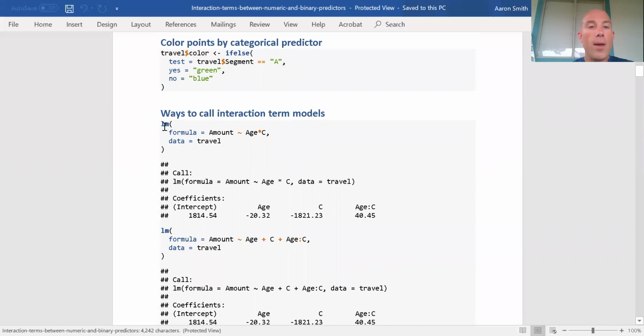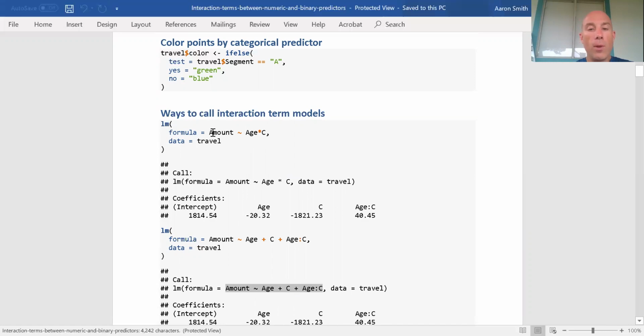All right, so if I go ahead and call the interaction, on this part I want to show you that if I do the call this way with the formula, or if I do the call the full way, I'm going to get the same thing.